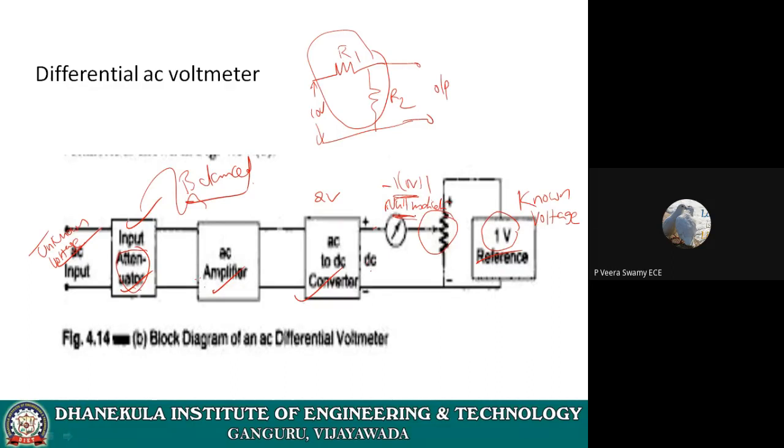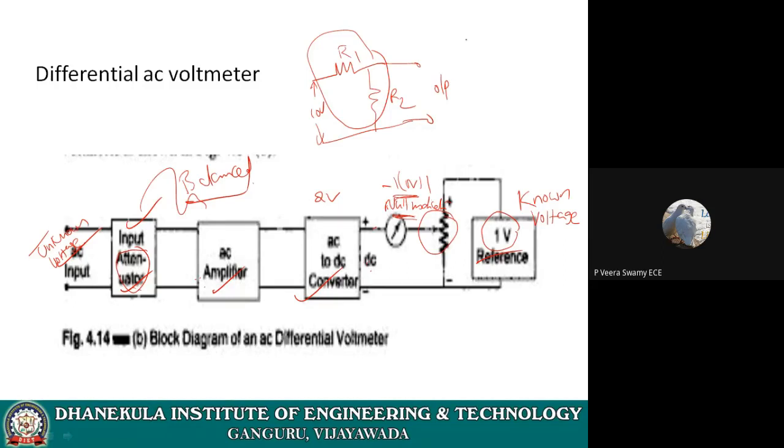The differential DC voltmeter and the differential AC voltmeter are exactly the same, with only one difference: here we additionally added a balancing condition using the attenuator and amplifier, and a conversion from AC to DC. The remaining thing is completely the same.